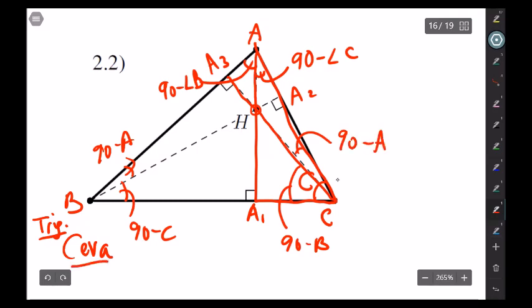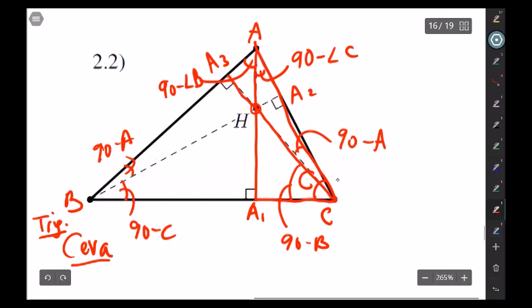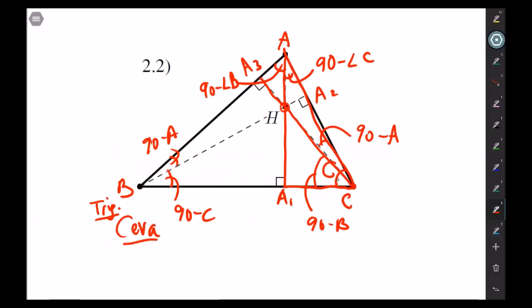Now you can use trig Ceva, which basically tells you that the ratio, like I said earlier, the ratio of the sines. Okay, let's check. Let me start from this orientation.